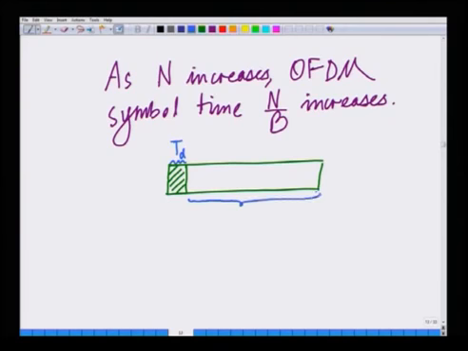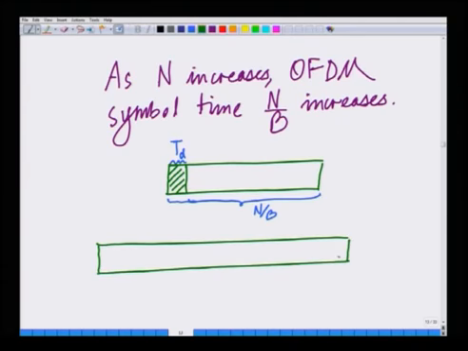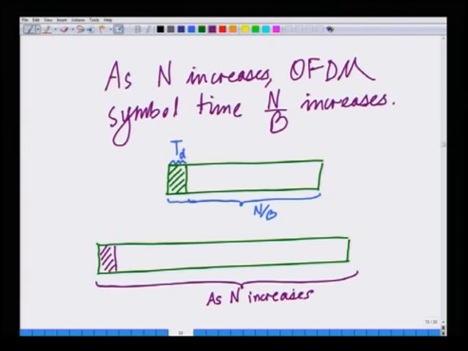Now as n over b increases, this part progressively becomes much larger, and we need a cyclic prefix length equal to the delay spread. Hence the fraction that is affected by intersymbol interference is smaller as n increases, because the OFDM symbol becomes larger.